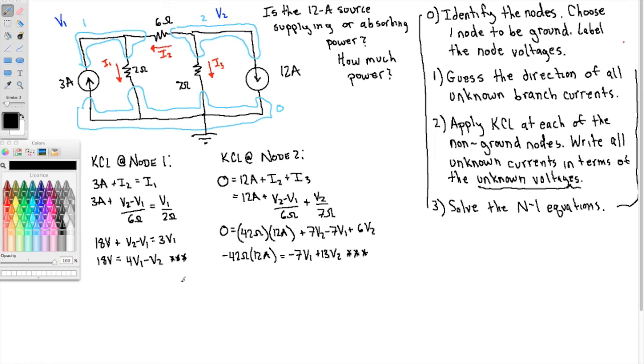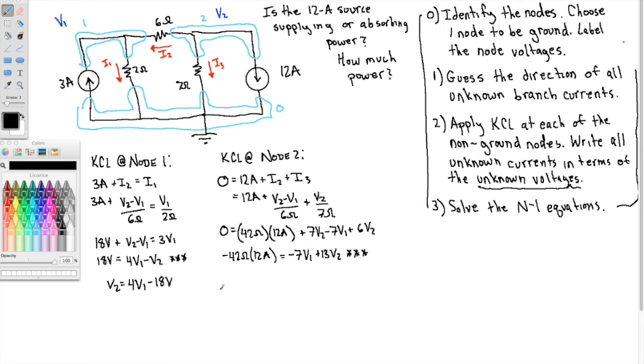Alright, so I need to solve these two equations simultaneously. However you want to do that is fine by me, as long as you do it correctly. When you only have two equations, probably the best thing to do is to eliminate one of them, or solve for one in terms of the other. So for example, if I solved this equation for V2, I would have V2 equals 4V1 minus 18 volts.